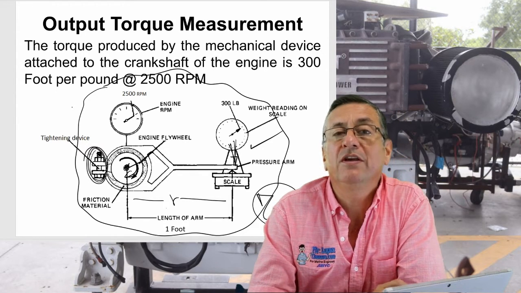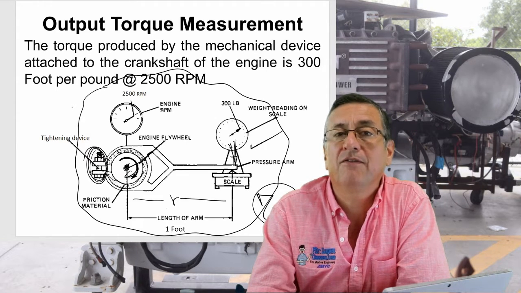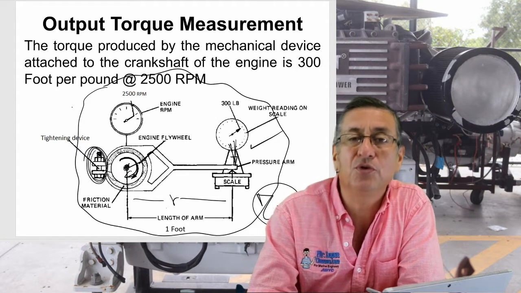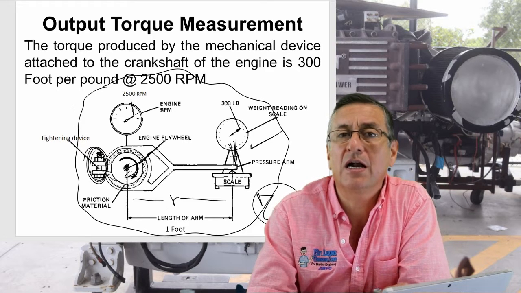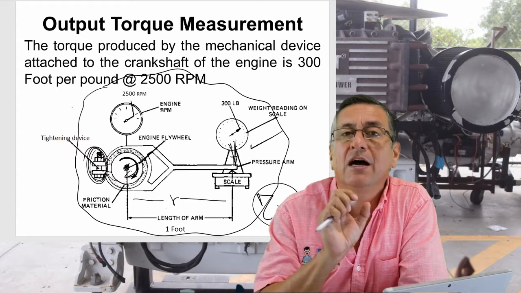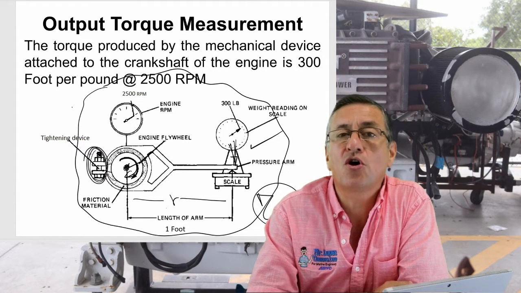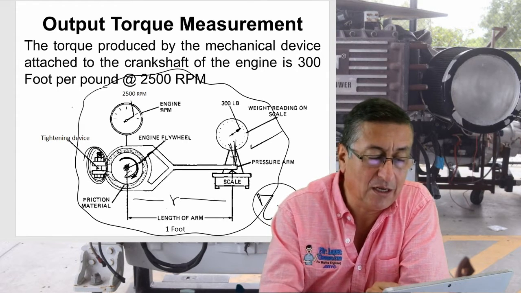When you visit the dynamometer with your car in order to verify how much horsepower the engine of your car is producing, they install a similar instrument on the crankshaft of the engine in order to calculate how much torque is produced by the crankshaft of that motor or engine.